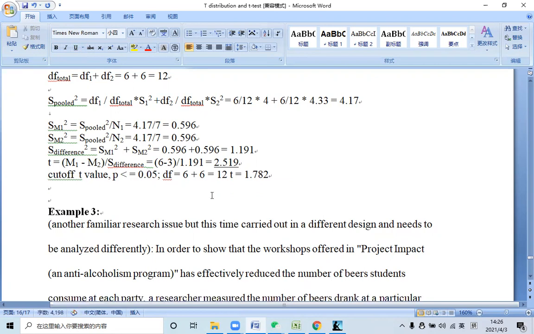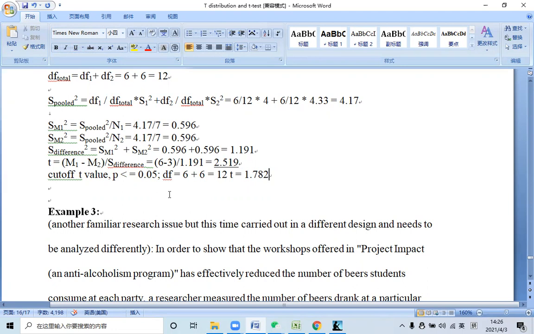Now, here's your decision. Based on the t-value of 2.519, we decide to reject the null hypothesis, which says the inexperienced population has the same level of fearfulness as the experienced population.